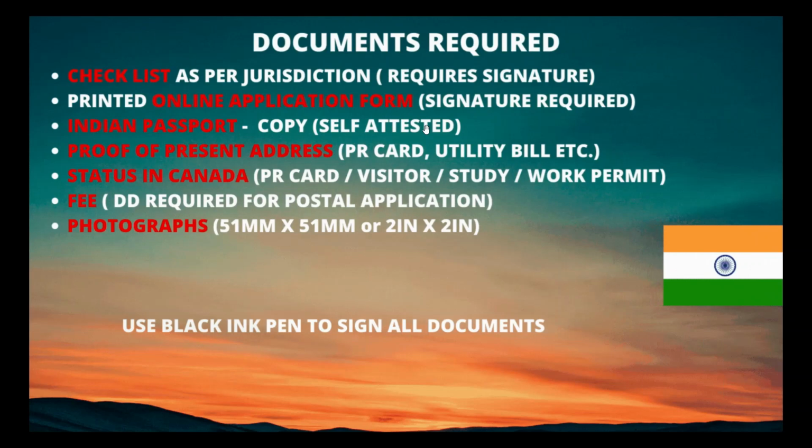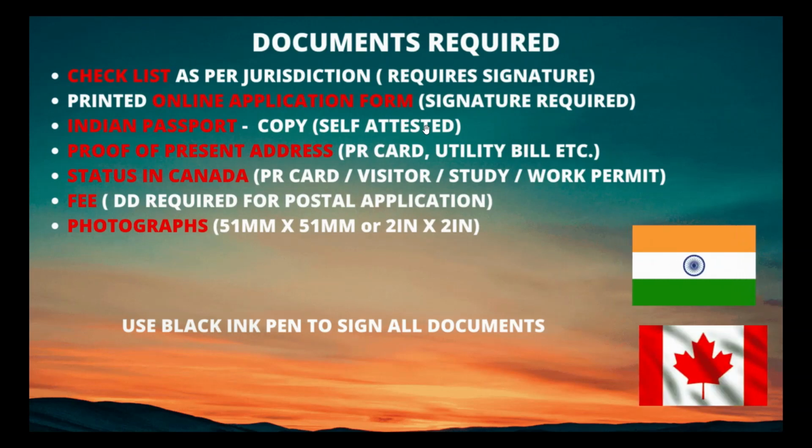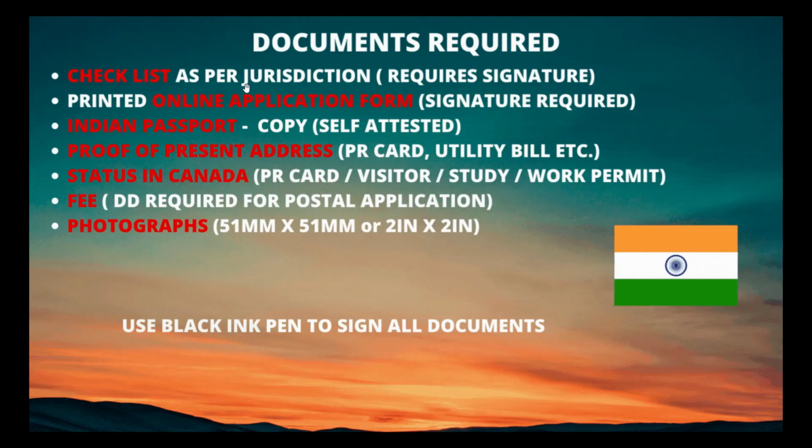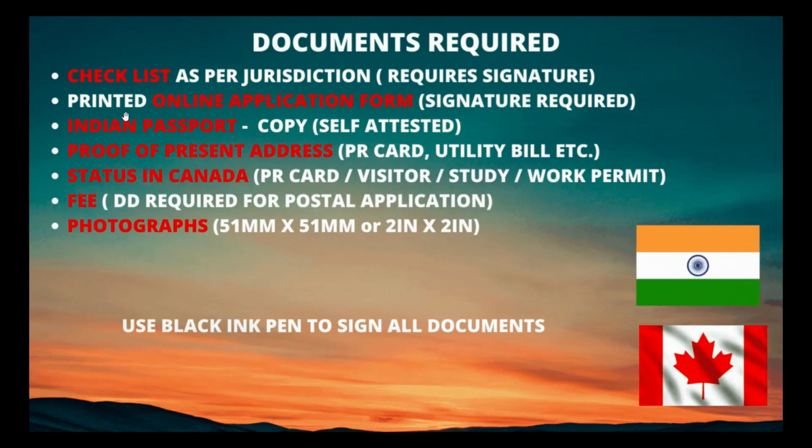After submitting the online application, I'm going to discuss what documents you require along with your application. First of all, you need to print out your checklist with your signature as per your jurisdiction. Second, you need to print the online application with your signature on it.